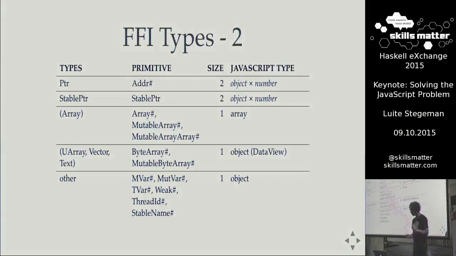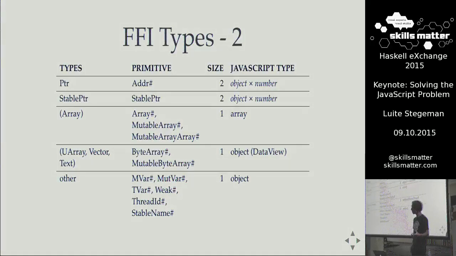Pointers and stable pointers are just like the C-call FFI, and those are also passed as two arguments, since JavaScript doesn't have pointers, but we can pass a typed array, something that resembles some region of memory, and we can pass a number to represent the offset into that memory. So if you loop over some pointer, you just bump the number and you keep the same memory region.